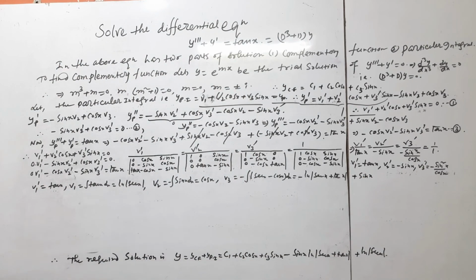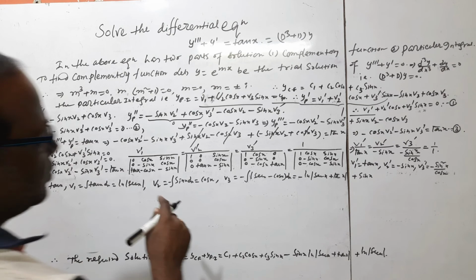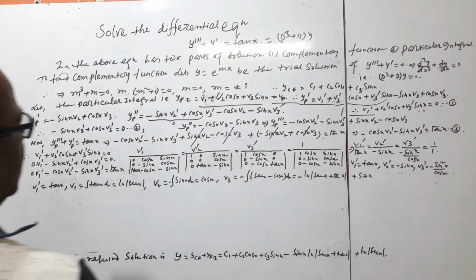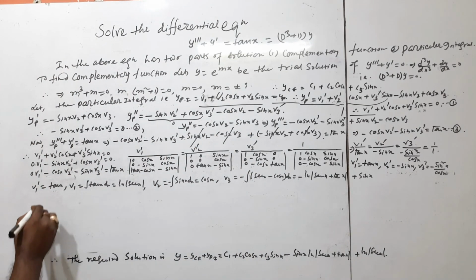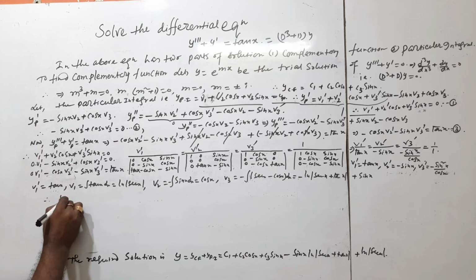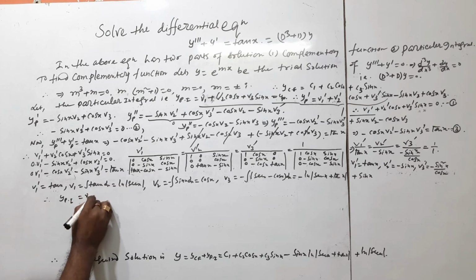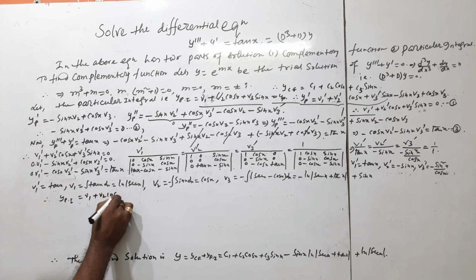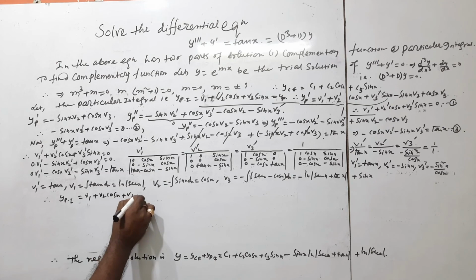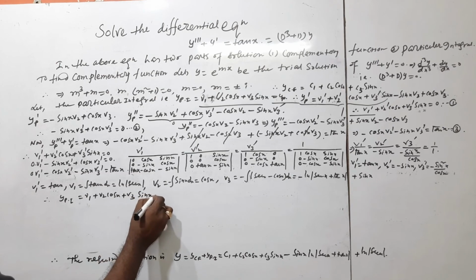Okay, this is the v1, v2, v3 result. Now this is the y particular integral, therefore y_p is equal to v1 plus v2 into cos x plus v3 into sin x.